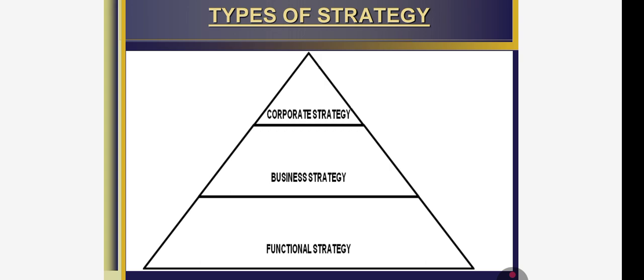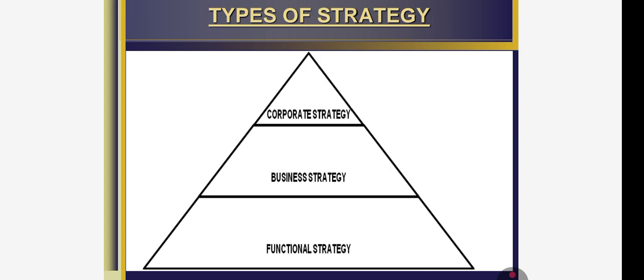If you take the corporate level strategy, it fundamentally is concerned with the selection of businesses in which the company should compete and with the development and coordination of that portfolio of businesses.